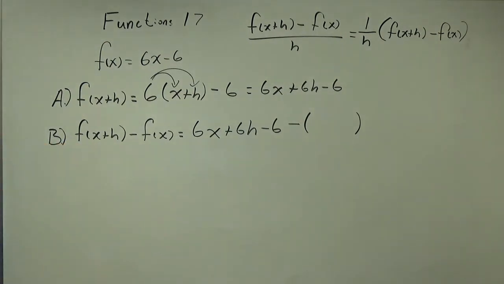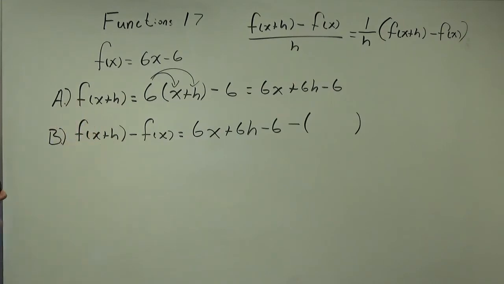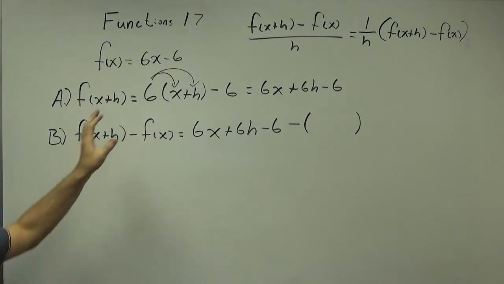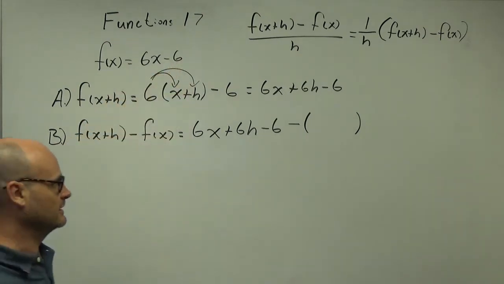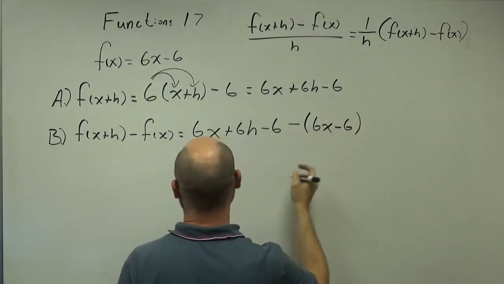Notice how I said minus parentheses, because I need to put all of f of x in there, not just part of it. Common mistake here is to say minus 6x minus 6. No, it's minus the quantity 6x minus 6. Meaning you have to distribute this through.